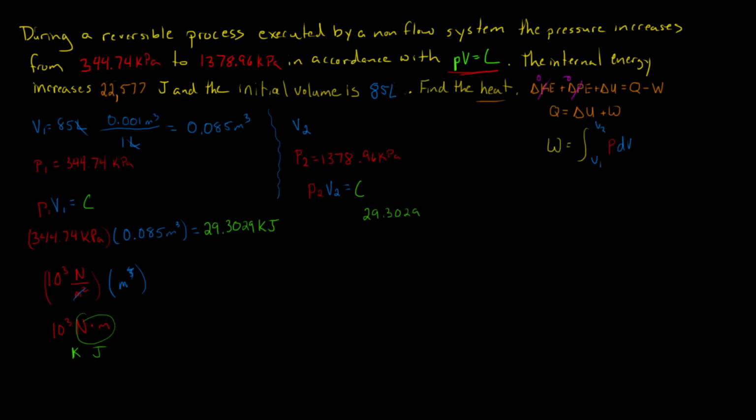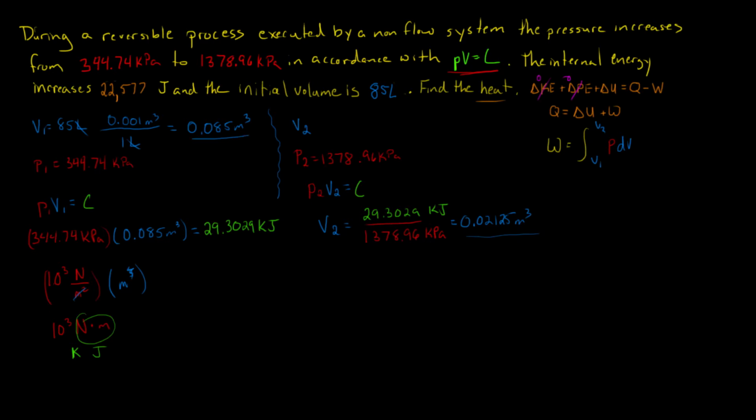We're going to divide by pressure, so we're going to divide by 1,378.96 kilopascals, and this is kilojoules. And we're going to get our volume. V2 is equal to 0.02125 meters cubed. So here's V2, here's V1, and that's what we need for our integral.